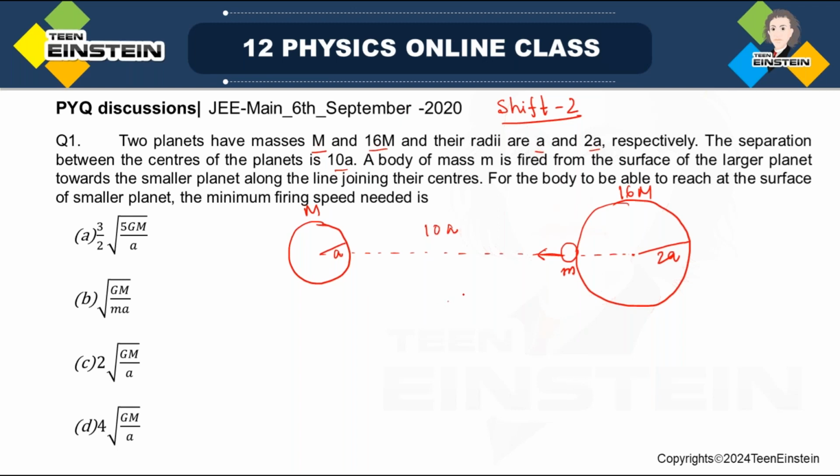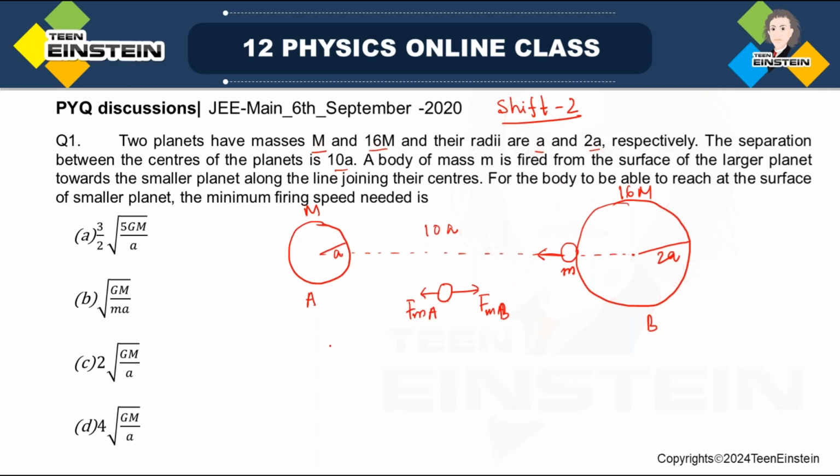Okay, so the attraction on this will be, see, if I draw like this, so attraction by the bigger mass, let us say this is planet B and this is planet A. So this is the force on this mass by A, and there will be a force in this way also, force on the mass m by, sorry, this is by B and this is by A. The smaller one will have a smaller effect and the greater one will have a greater effect, obviously.